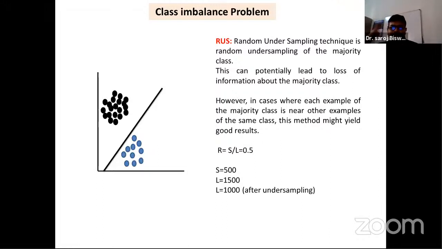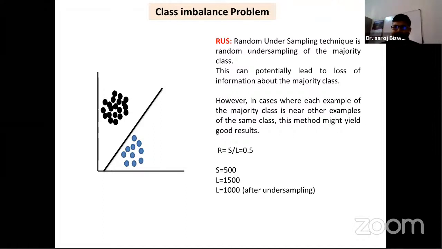So whenever some points are randomly discarded, it means what? Certain meaningful or important patterns of the observations may be discarded from the data set. If that happens, then automatically the performance of the classifier, which is going to be trained by this data set, will drop. So that's why random undersampling is not always suitable.